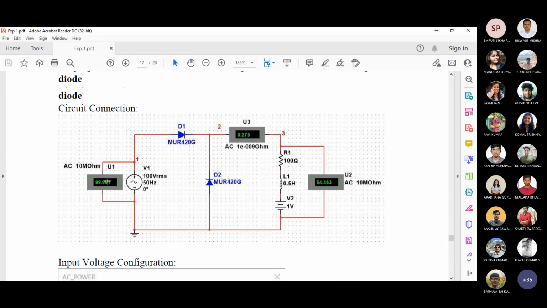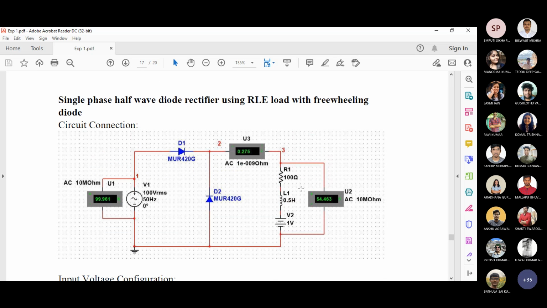You should prepare one table where you are varying it. The table is not there, but I am telling you, so all of you please note it down in your copy. For RL load and RLE load, for RL load you can change the inductor value.